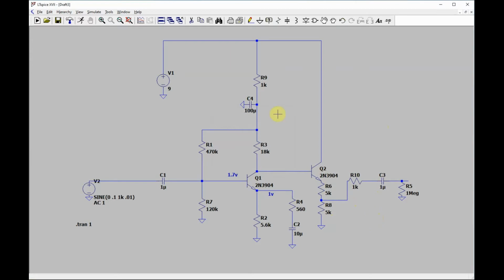There's one other trick, I'm just going to mention it but not really talk about it: you can use bootstrapping to feed back and make this higher impedance. You can also put a Darlington here, but you lose some of the space available for your input and output signals.